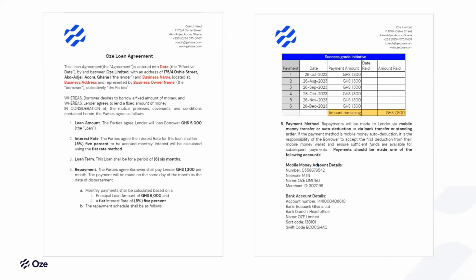So this is a sample of a loan agreement that we do here at Oze. This is a Ghanaian loan, for instance. This is what it looks like. In the event that you have been offered a loan, this is the kind of document that you get in your email.